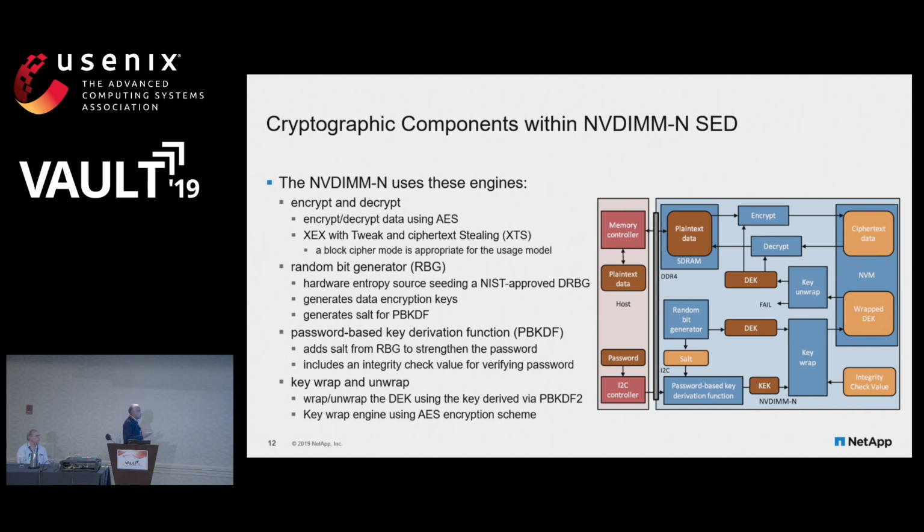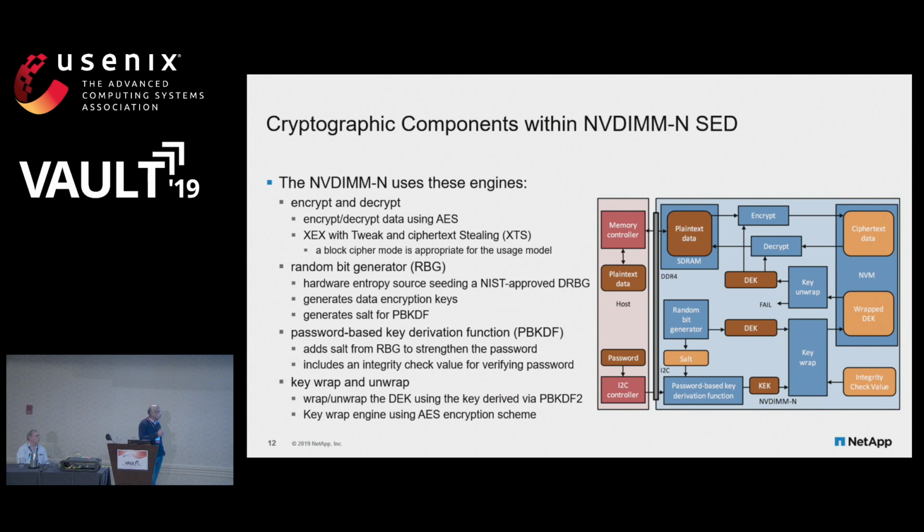For encryption and decryption we use the AES algorithm, and it is a tweakable cipher stealing methodology. XTS is used because the byte boundary that we are dealing with is not strictly aligned to a sector size, which is the reason we are using this block cipher mode. And then the RBG is used for generating the encryption keys.